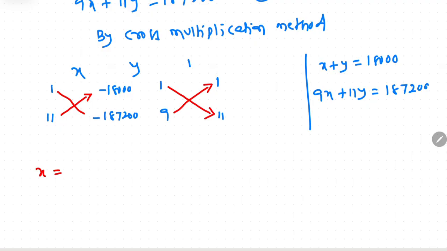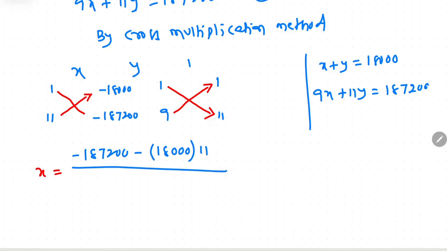So x is equal to 1 into minus 1,87,200, minus of 11 into minus 18,000, in the numerator.